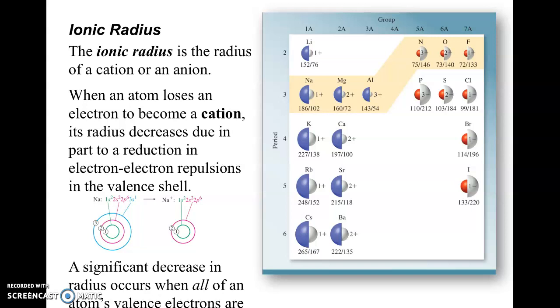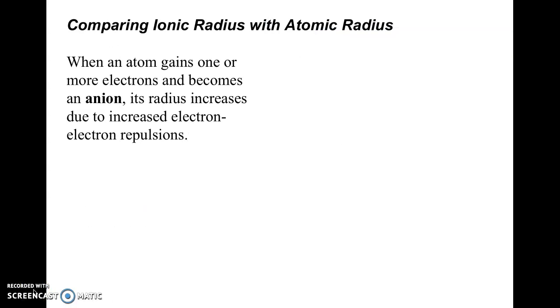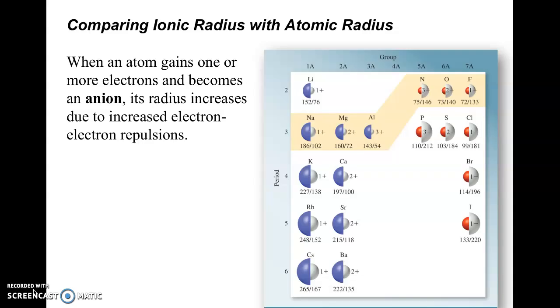So cations get smaller, anions get bigger. So if we want to compare these ionic radii to the atomic radius, it's just what we said. We get more electron repulsion in anions, and so they get bigger, which is what I just spoke about in the last slide. And that's it.